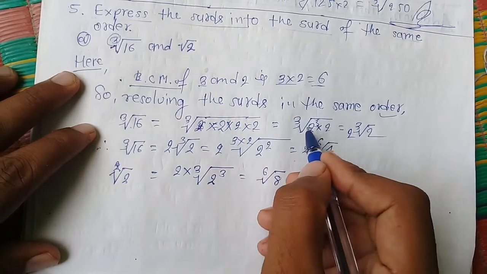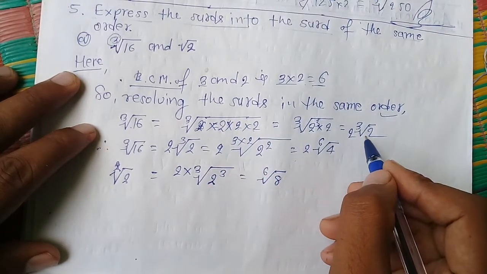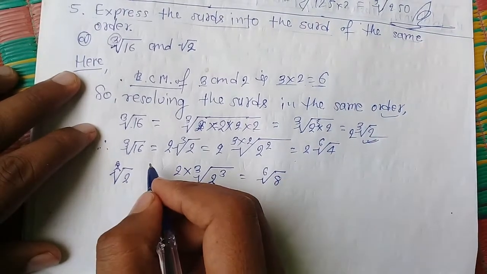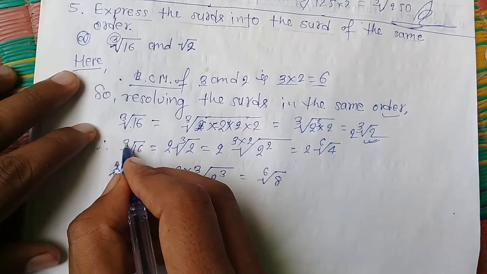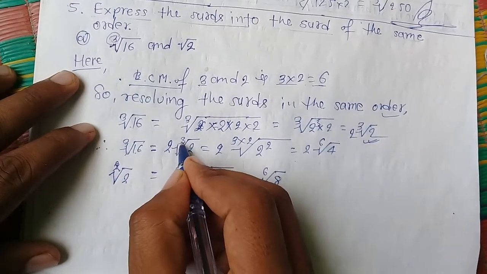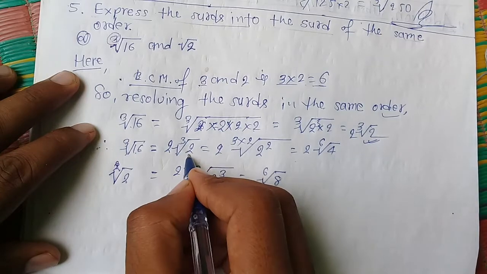First take out the cube: so 2 times the third root of 2.